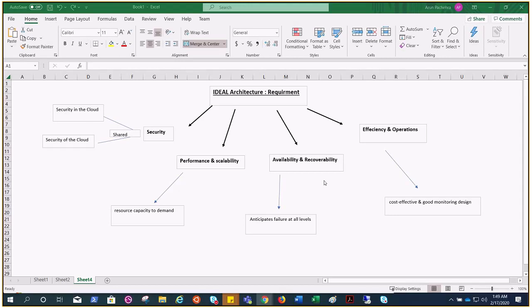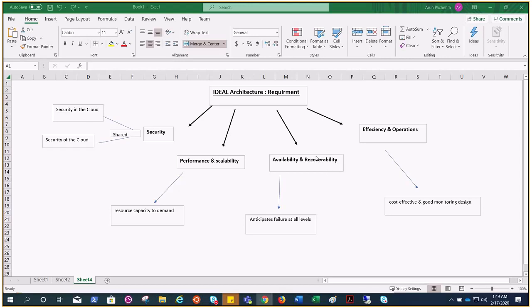So a successful cloud environment is designed in a way that anticipates failures at all levels. Part of anticipating these failures is designing a system that can recover from the failure within the time required by your customer.